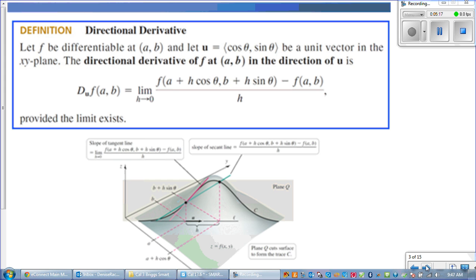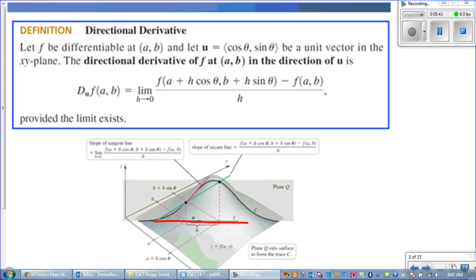Now, as with any of the derivatives that we've used, we prefer not to find derivatives by doing a limit. So we want to find a formula that'll make it easier for us to calculate a directional derivative. So what we want to do is take this line, L, and represent it with just one variable.